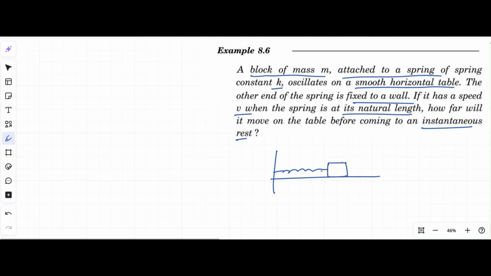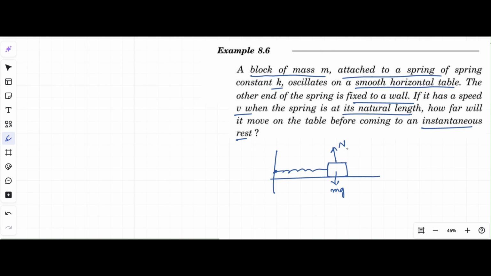Now, what kind of forces will act here? First of all, mg will act downwards. There will be a normal reaction upwards, and there will be some force from the wall, because the spring is fixed here.